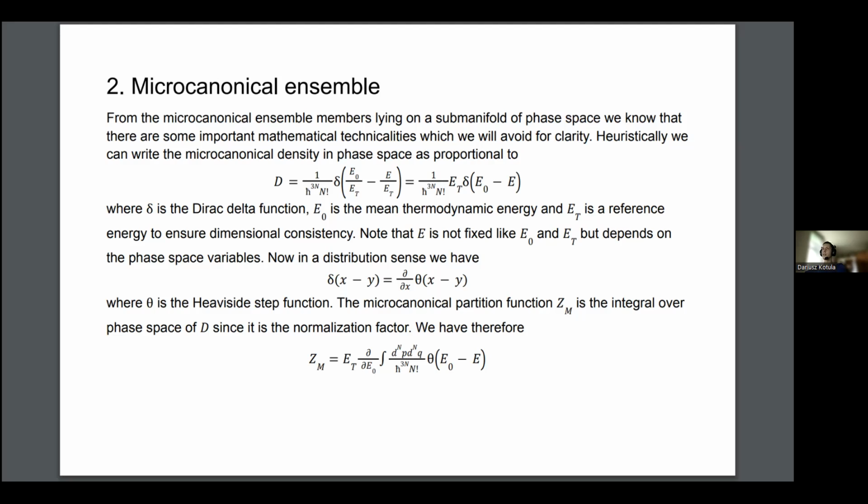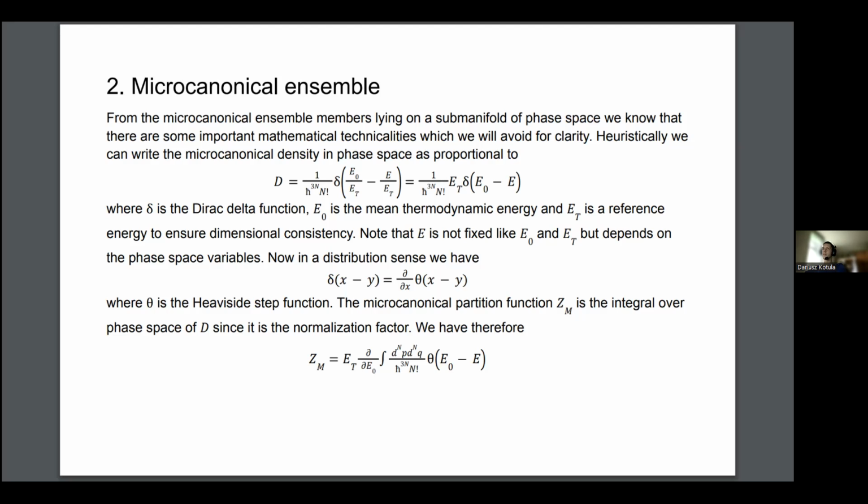Now, in a distribution sense, we have that the Dirac delta function of x minus y equals the partial derivative with respect to x of the Heaviside step function theta of x minus y. The microcanonical partition function Zm is the integral over phase space of the microcanonical density D, since it is the normalization factor.